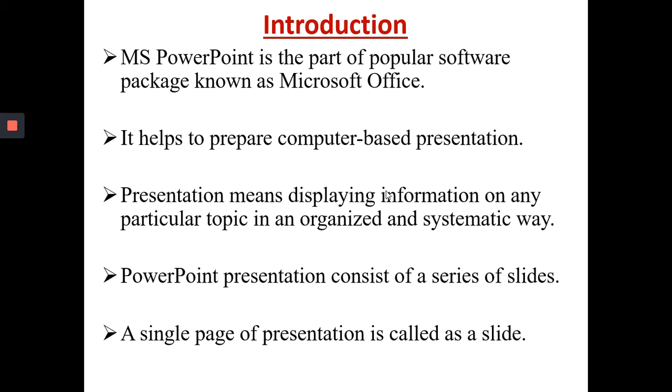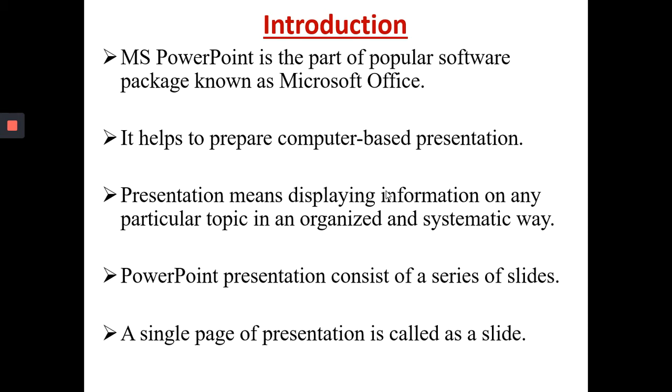When you make a written presentation, suppose for a project you need 4 pages. Then your project has 4 pages. Similarly, when we do it on the computer, you need 4 or 5 pages. Each and every page of a presentation is called a slide. When we make a handmade project we call it a page, and when we make a computer-based project or presentation, each and every page is called a slide.